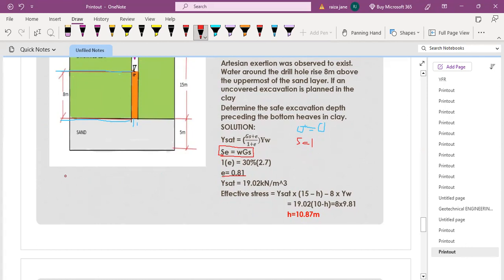So the saturated unit weight is equal to our specific gravity, we have 2.7, plus the void ratio over 1 plus the void ratio, which is 0.81.